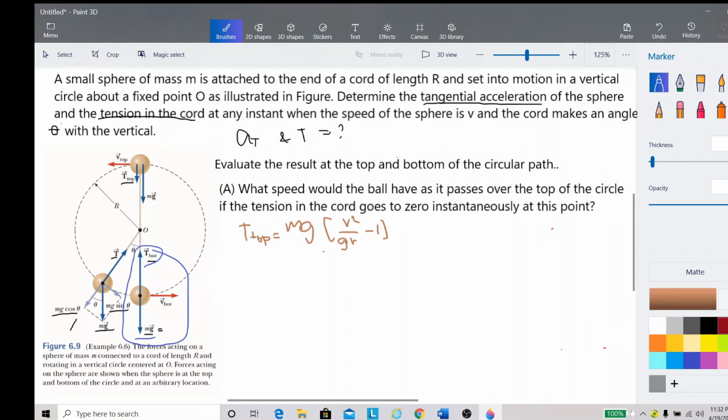So if this one is 0, that becomes 0 divided by mg is equal to v squared over gr minus 1. So this is still 0. We transpose this one to the other side of the equation. So we will have positive 1 is equal to v squared over gr.